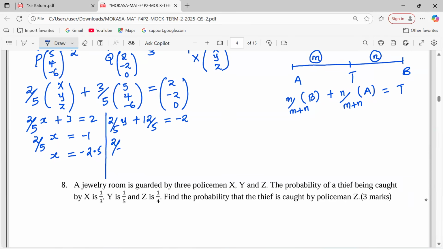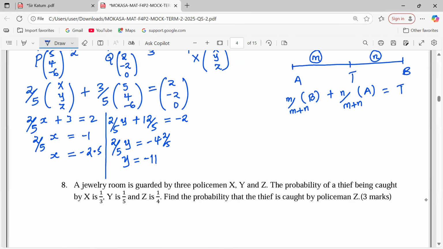So 2 over 5 y equals, I'm picking -2, then I subtract 12 over 5. That's clear? So I get -4 and 2 over 5. Then we can remain with y by multiplying every side by 5 over 2. So by 5 over 2, this gives us exactly -11.